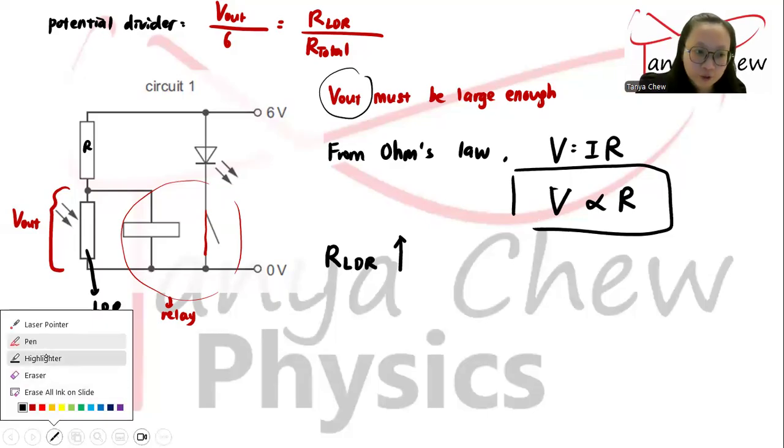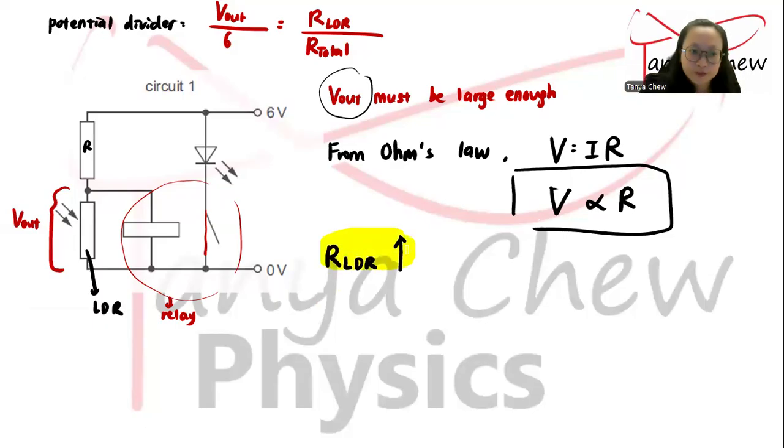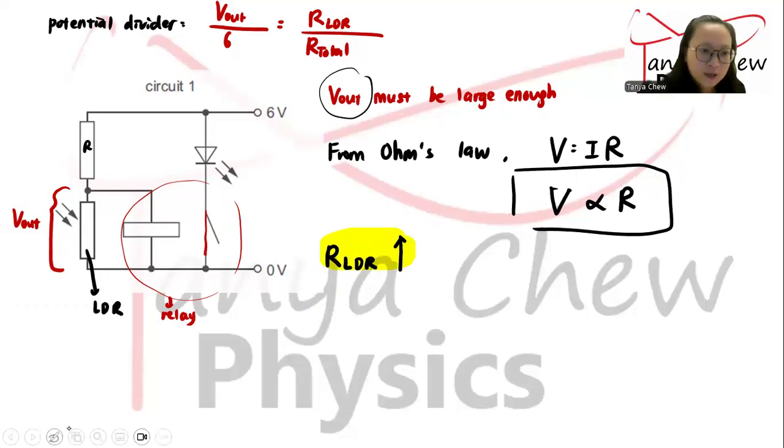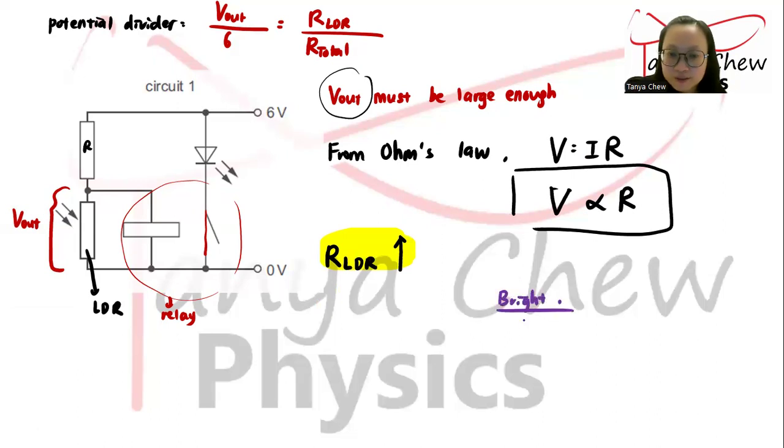Okay, we get that. I will just highlight this one first, put it aside. So how does this LDR actually work? This LDR depends on the illumination of light, or the brightness of the light. During bright time, the resistance of the LDR is low.